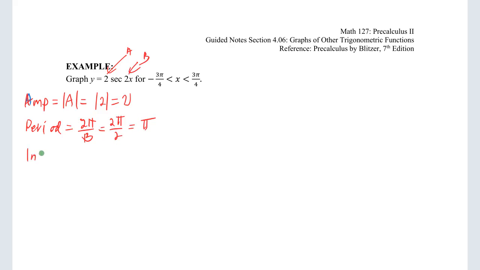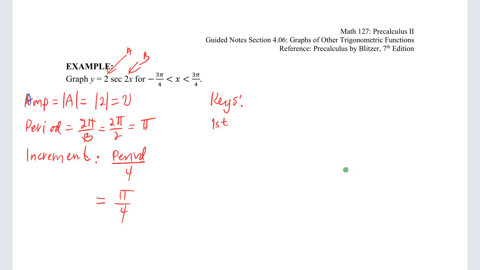And then we have the increment, where the increment is equal to period over 4. As we can see here, period is pi, and then over 4, so that would be our increment. Next we proceed to identifying the key points. For the first point here, I did not identify the phase shift anymore because we do not have a value for c anyway.